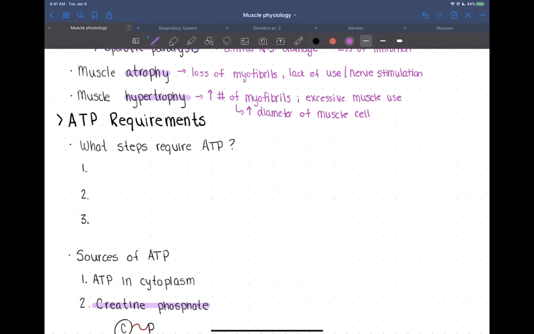The first thing we talked about is that the muscle cell needs ATP for myosin to release from actin. So that's one. Myosin release from actin.